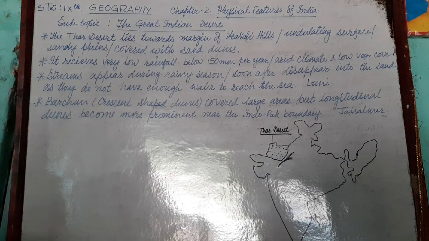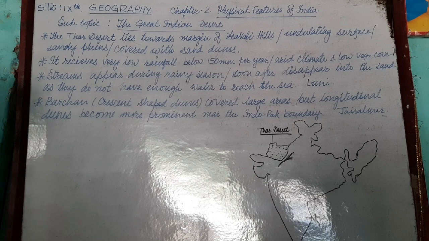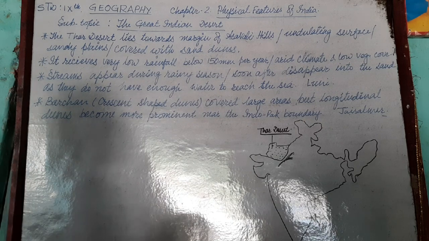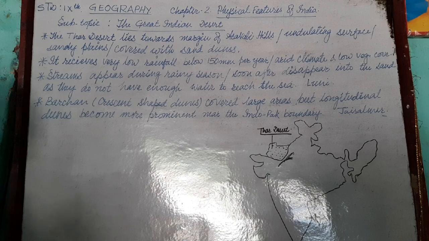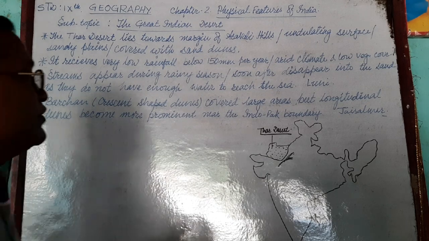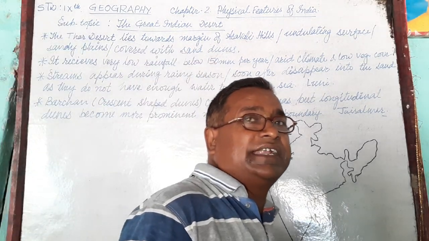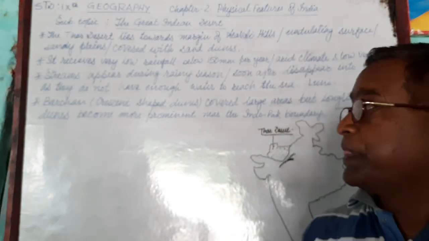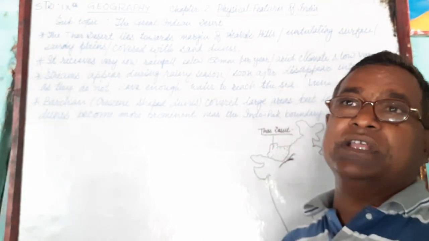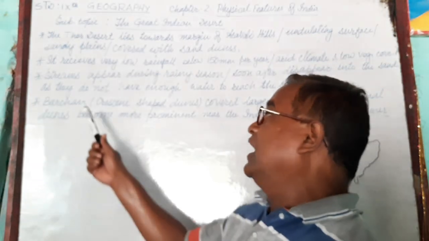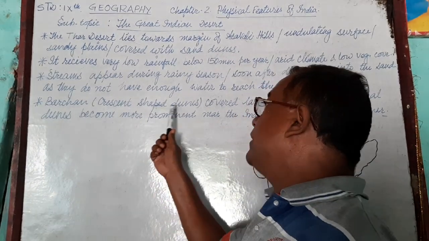Next, a feature very commonly found in this region is the sand dunes, which are also called Barkhan. A Barkhan is a crescent-shaped dune.